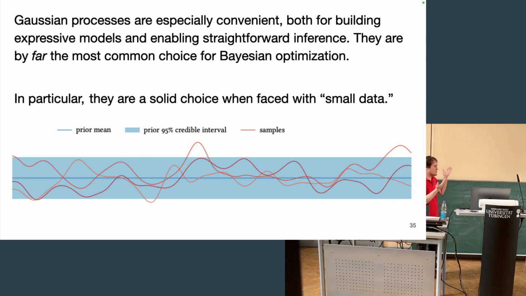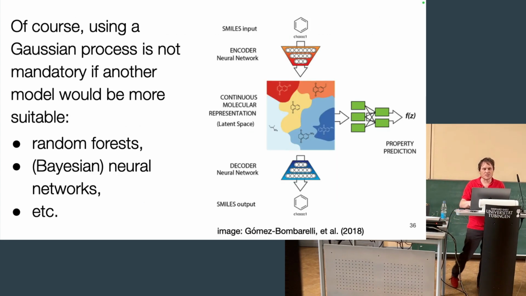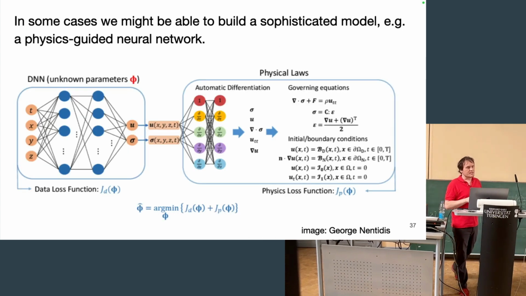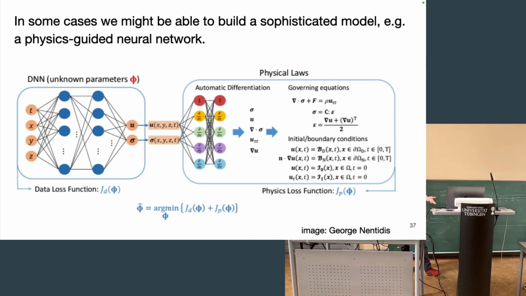And Gaussian processes tend to be a very good off-the-shelf solution for this kind of situation. But of course, using a Gaussian process is not mandatory for Bayesian experimental design. Bayesian optimization has been successfully used with other alternative models: random forests, neural networks, Bayesian neural networks, et cetera. In some cases, you might be able to build a really sophisticated model, like a physics-guided neural network, and that would also be an excellent choice.